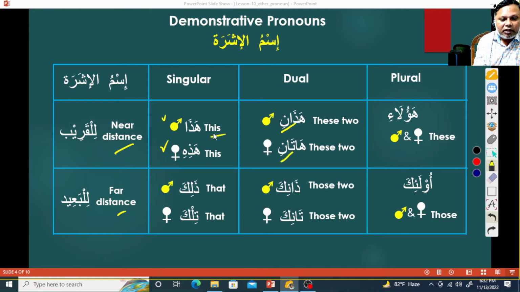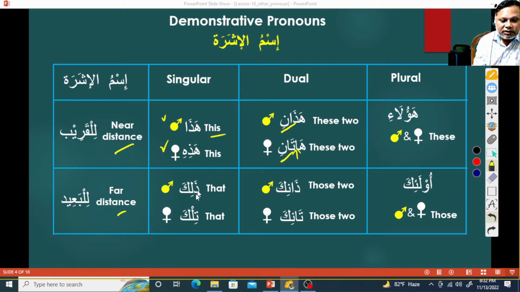You remember, whenever you want to make dual from singular, we have to add ani. Here also the same thing. From haza, it will be hazani, and from hazihi, it will be hatani. So this ta is extra, indicating the female. And for plural, it will be haulai. The same both for male and female.